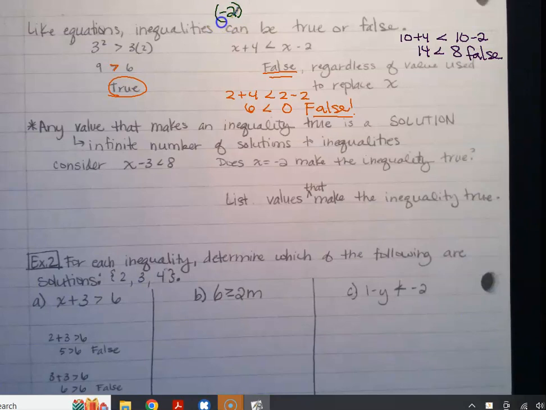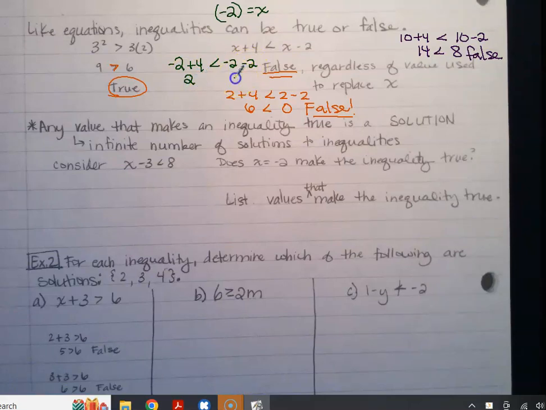Okay, so negative 2 equals x. So we've got negative 2 plus 4 is less than negative 2 minus 2. Negative 2 plus 4 is 2.